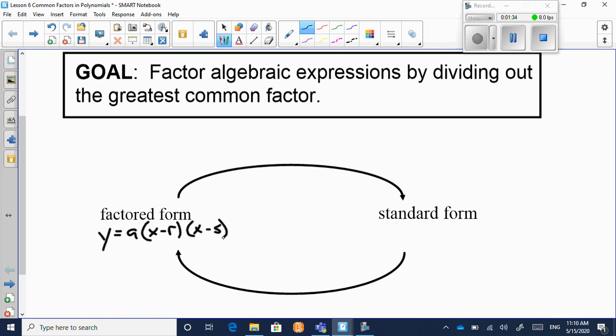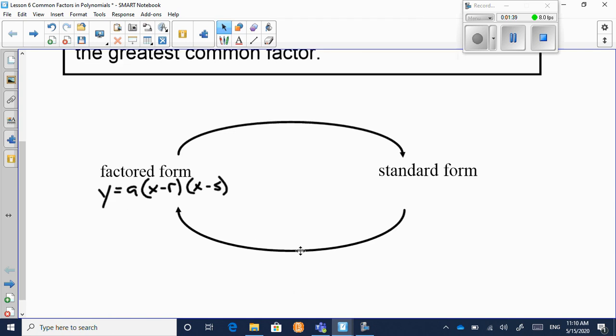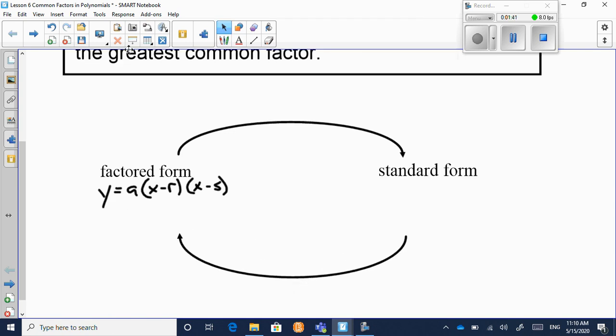I could even write an example in here. An example of one written in factored form would be y is equal to (x plus 2) times (x minus 3).